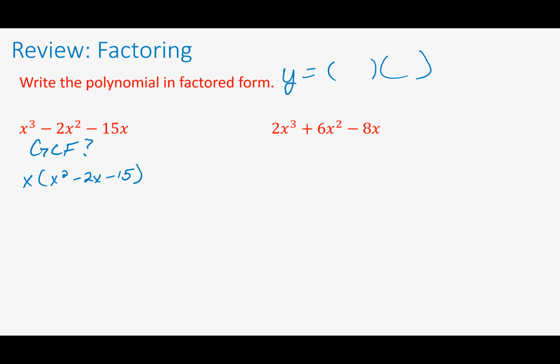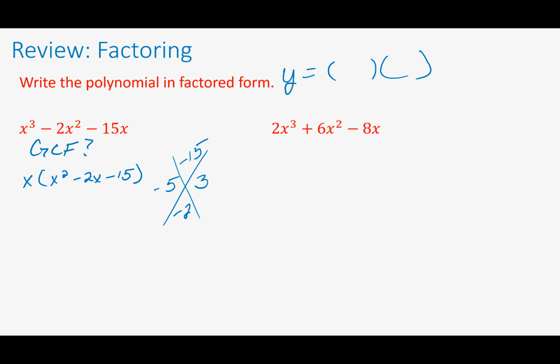Now I have a quadratic in my parentheses that I can factor. So I'm trying to come up with two numbers that multiply to get negative 15 and add to negative 2. Negative 5 and a positive 3.